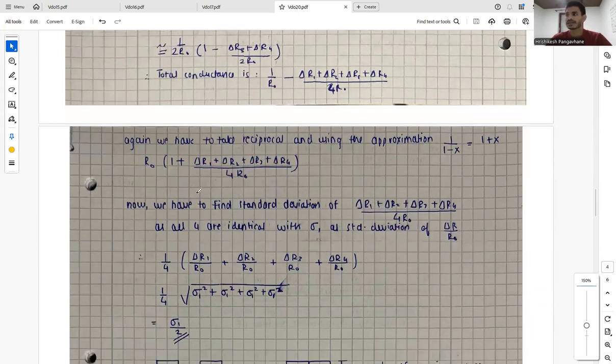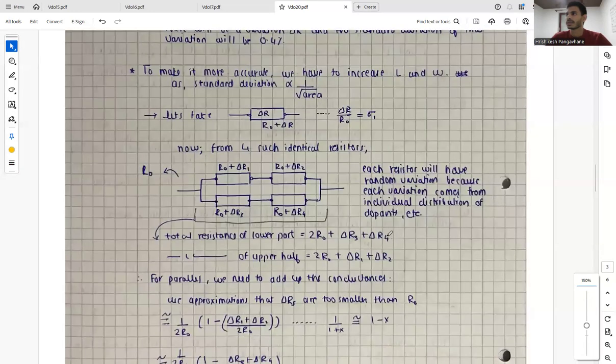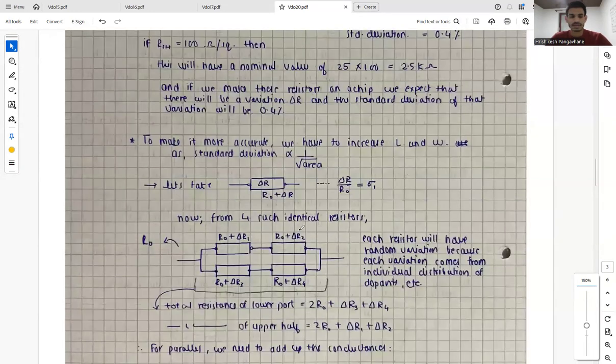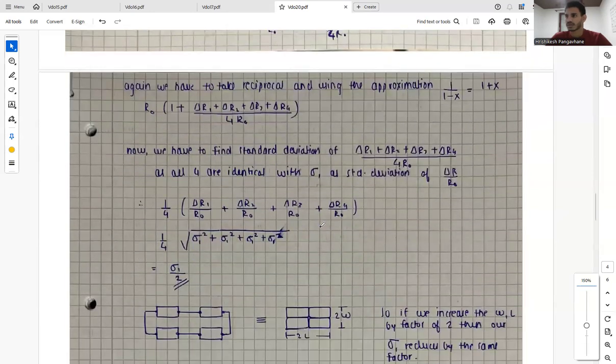Now we have to find the standard deviation sigma of this value. And as all the four resistors are identical with sigma 1 as standard deviation of ΔR by R naught, where we designed the resistor, all are identical to that one.